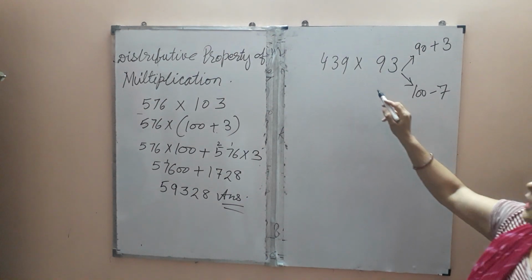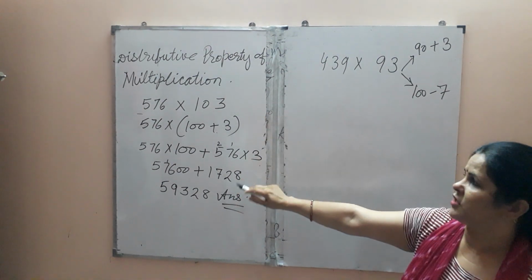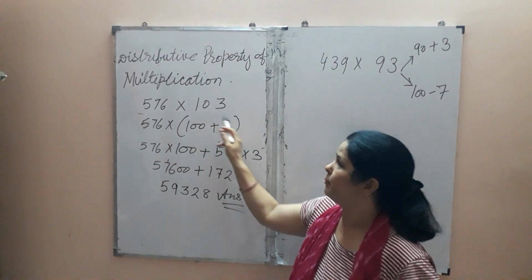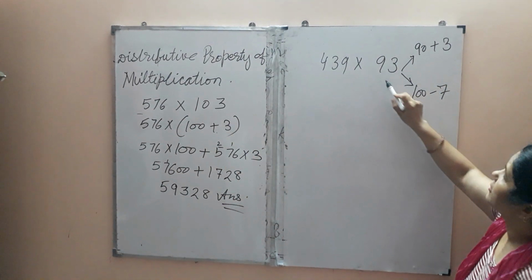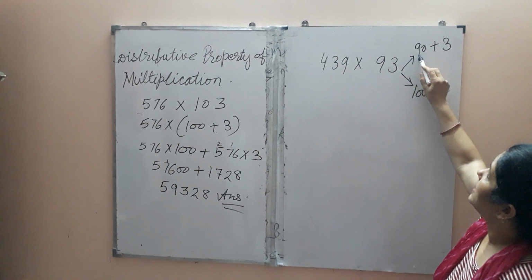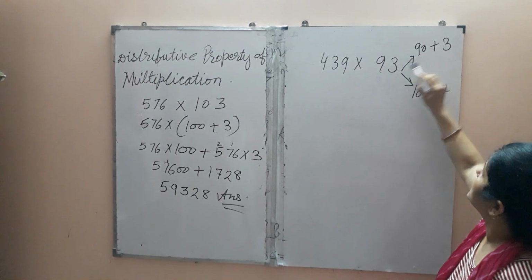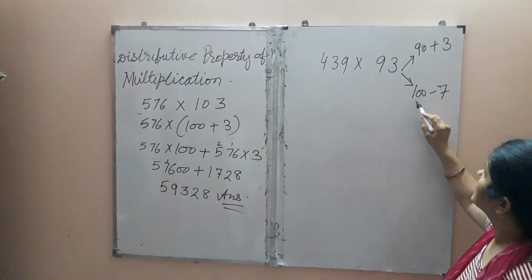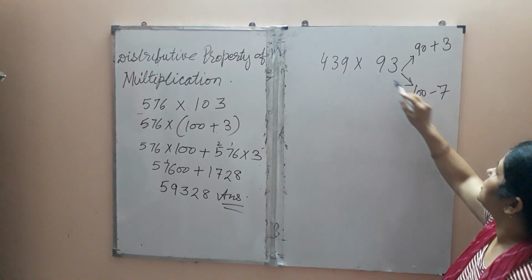As we have seen, we have to multiply this number by both of the numbers. So we have to multiply 439 by 90 and then by 3, or by 100 and by 7.